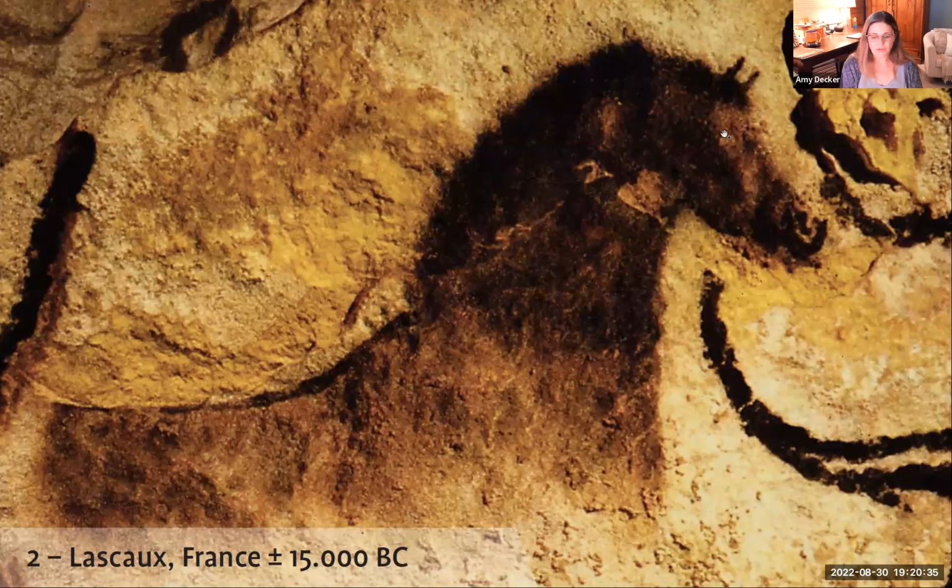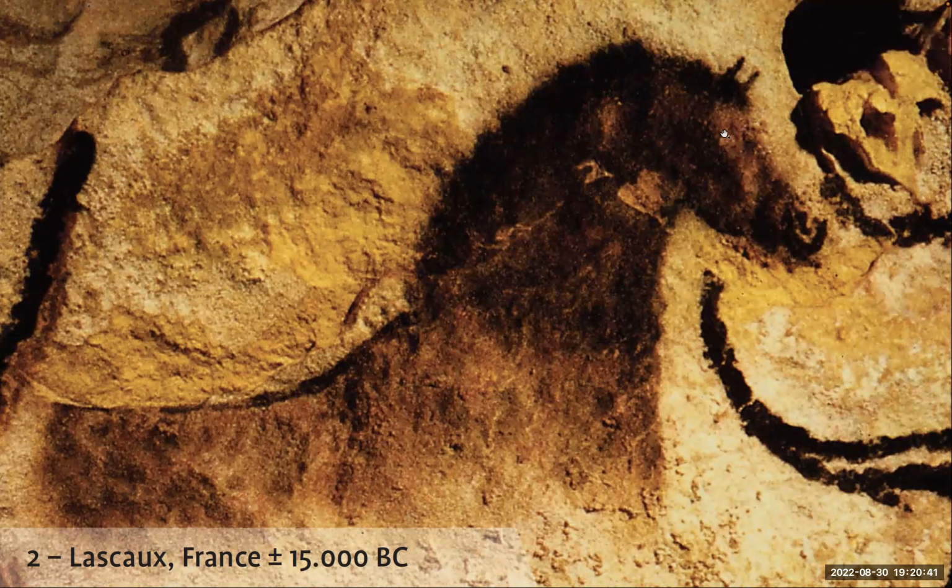So let's talk about the first forms of graphic visual communication. The very first graphic communication happened 15,000 BC, over 50,000 years ago, when the cave paintings in Lascaux, France were discovered.